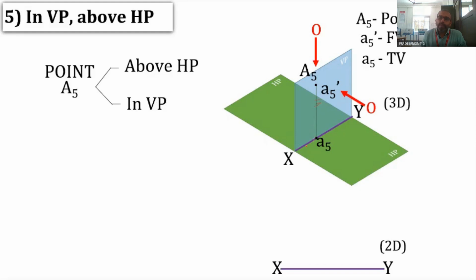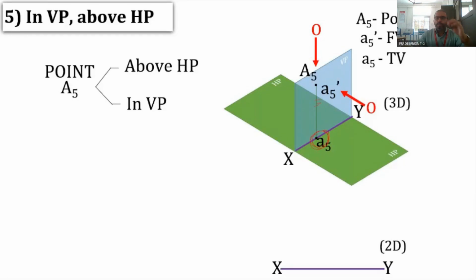So when it intersects with the HP, it will intersect with the XY line also. So the top view of A5 will be lying in the XY line itself. The front view will be the same as the point, which is lying in VP, and the top view will be lying in the XY line.